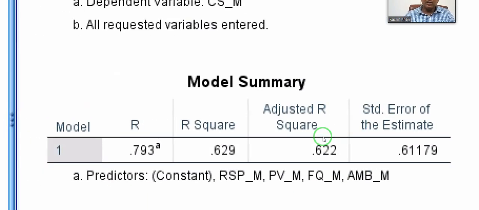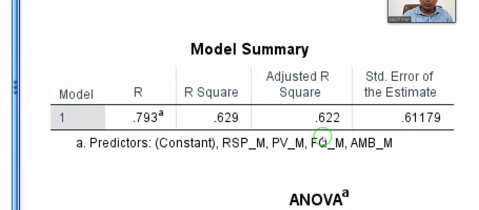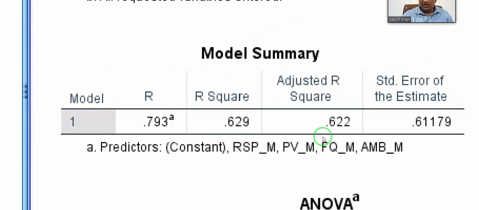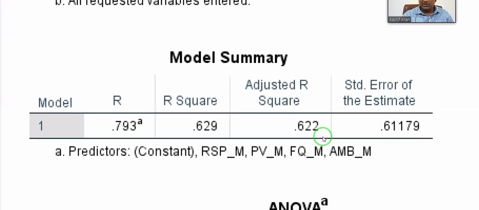Now this is the model summary. Altogether, the four variables, responsiveness, perceived value, food quality, and ambience, are explaining the dependent variable, customer satisfaction, with an R-square value of 0.793. So this is the model which is explaining.